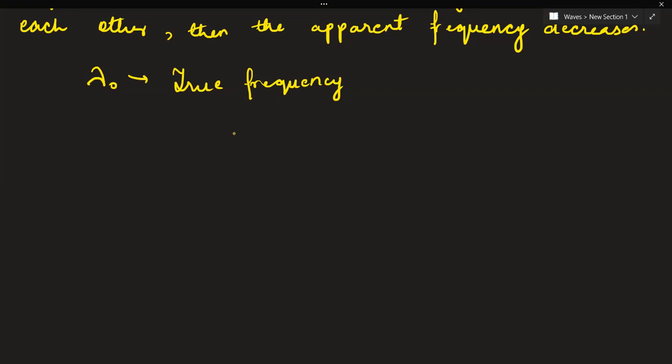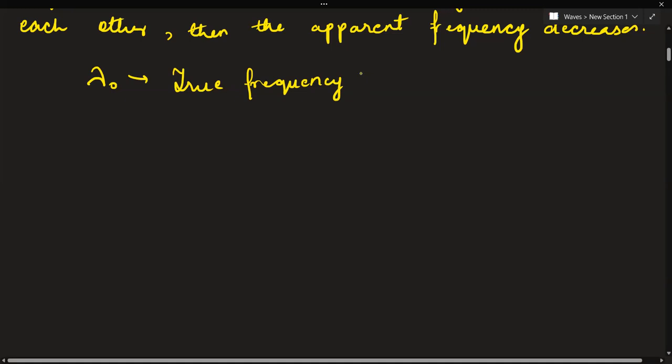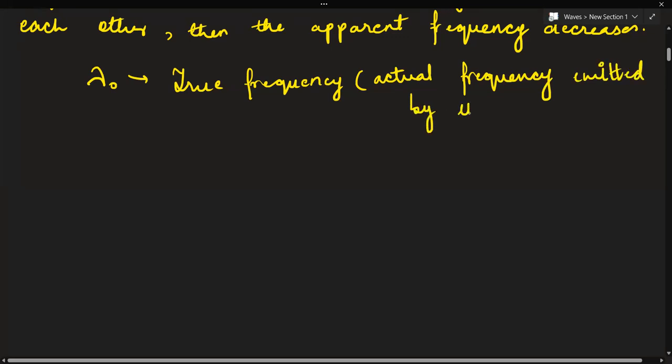But the true frequency is the actual frequency emitted by the source.